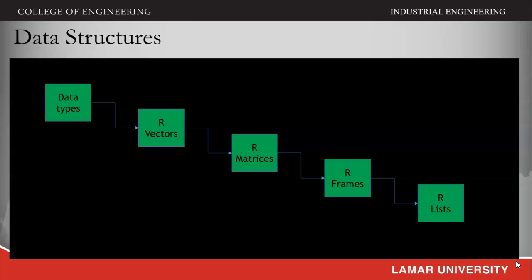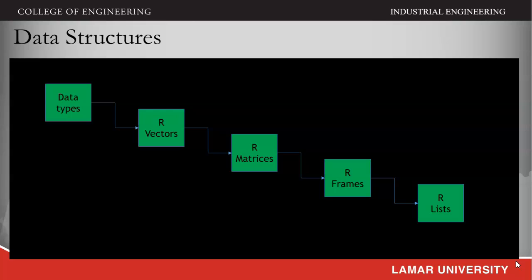The data types that we have in R, as we have seen, included numeric values, logical values, and characters or strings, text. And these data types can then constitute strings or sets of ordered groups that we call vectors.